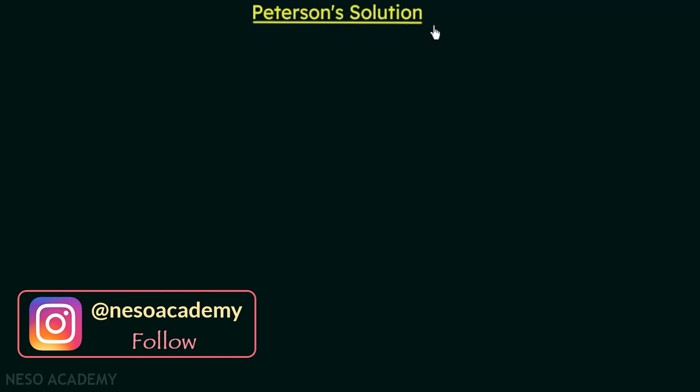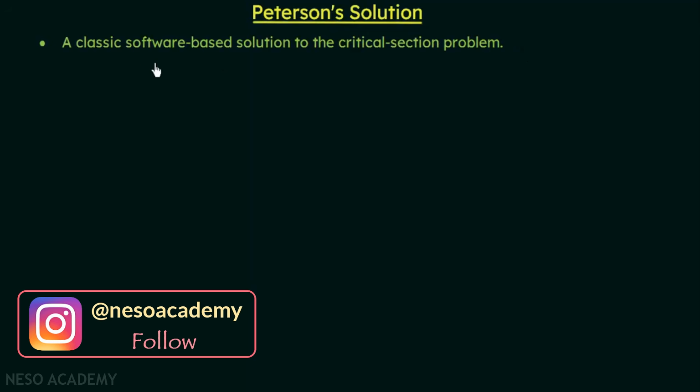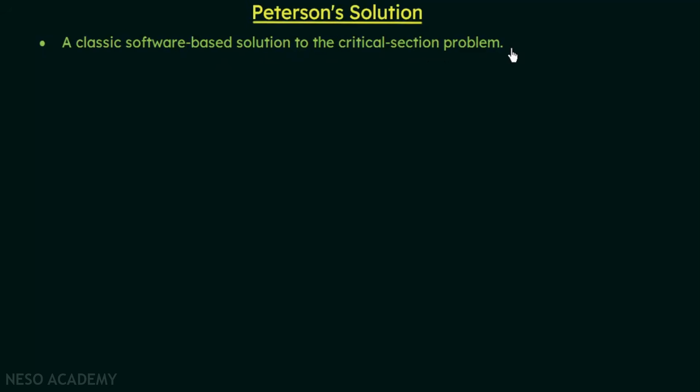Before we go into the algorithm of Peterson's solution, let us understand a few points about it. Peterson's solution is a classic software-based solution to the critical section problem. It may not work correctly on modern computer architectures because of the way they are designed.